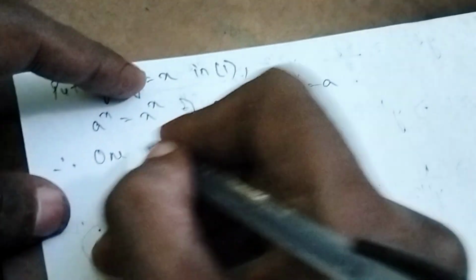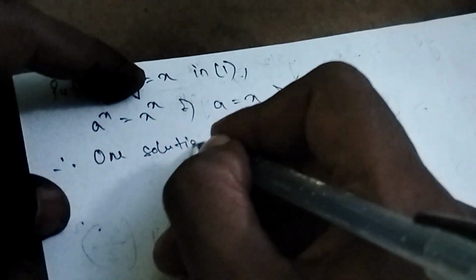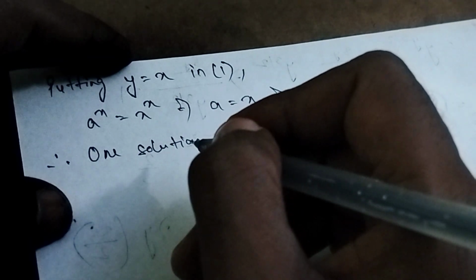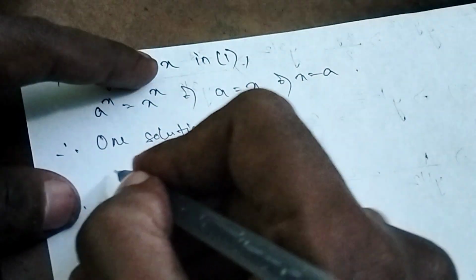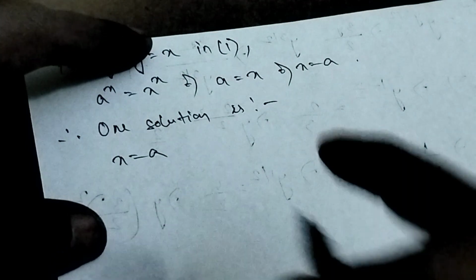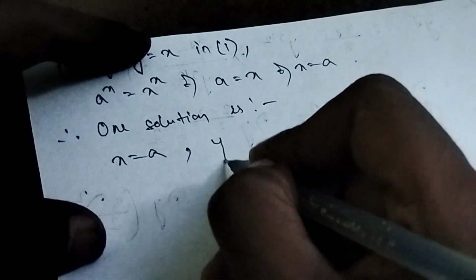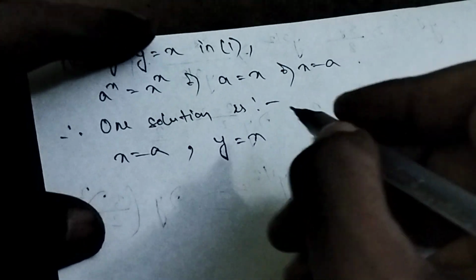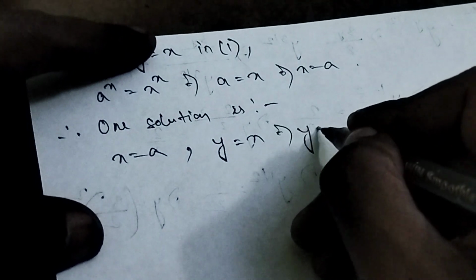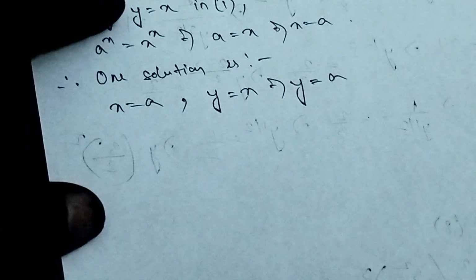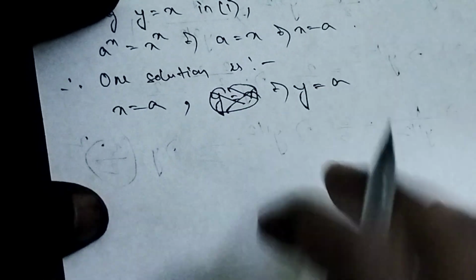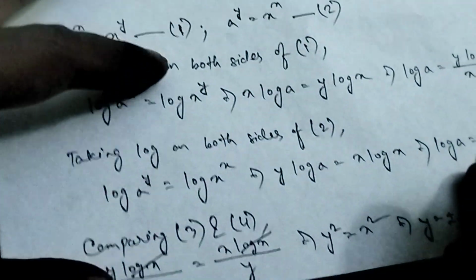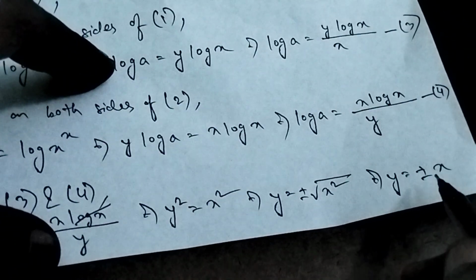Therefore, one solution is x is equal to a, and y is equal to x we know, that means y is also equal to a. We got that y is equal to plus x.